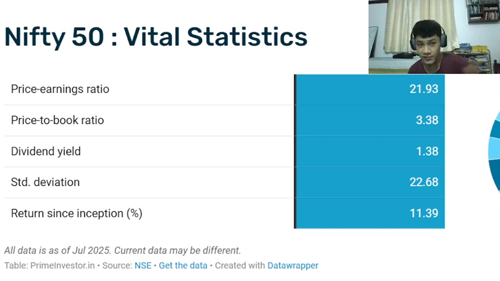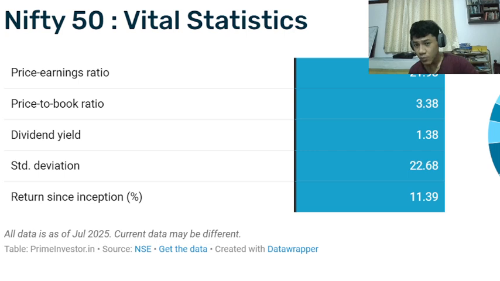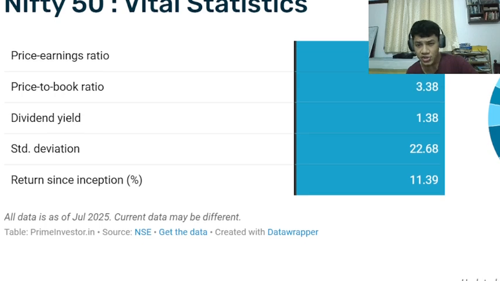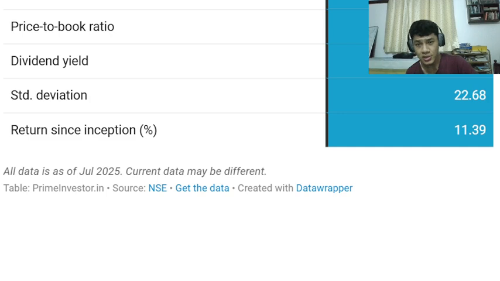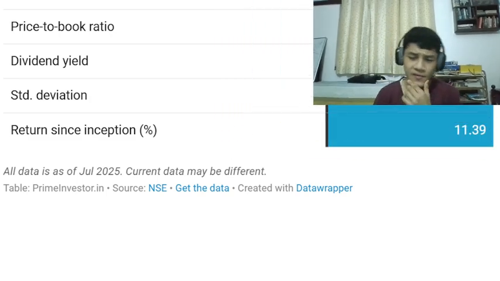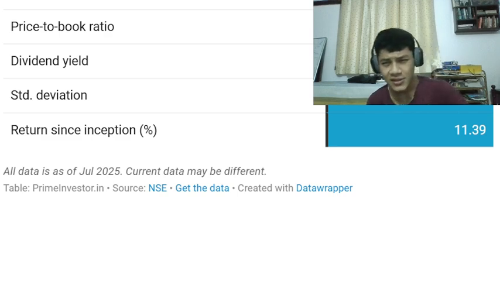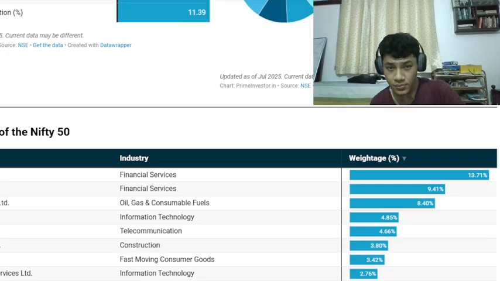The dividend yield is 1.33%. Standard deviation 22.60%, and returns since inception. Nifty 50 was launched in 1995, I think, and returns since then, annualized, have been 11.39%.